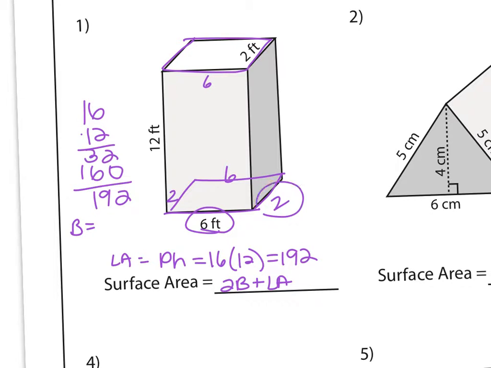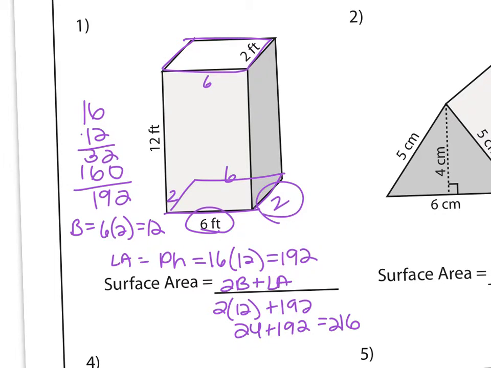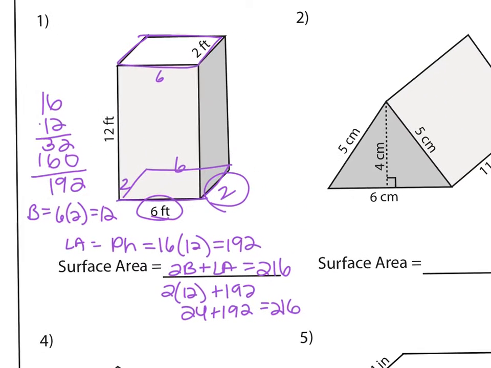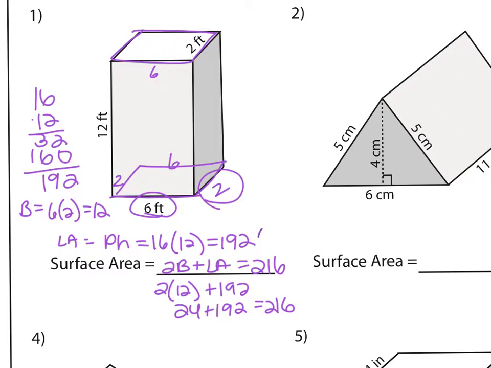So 6 times 2, which is 12. So 2 times 12 plus 192, 24 plus 192, 216. And this time they gave you a unit, so these are both feet squared.